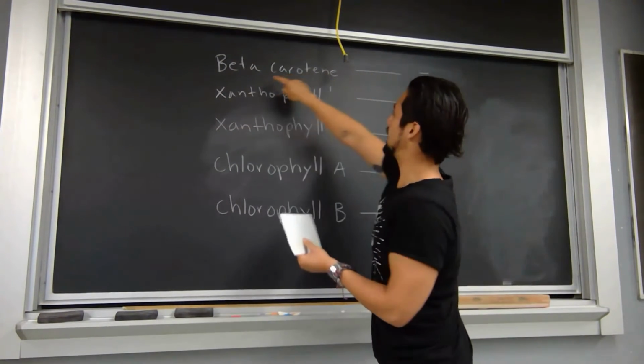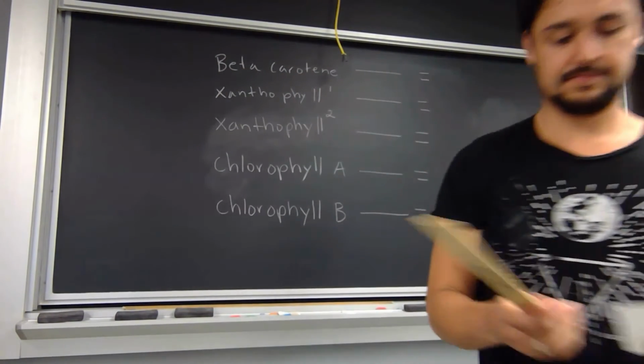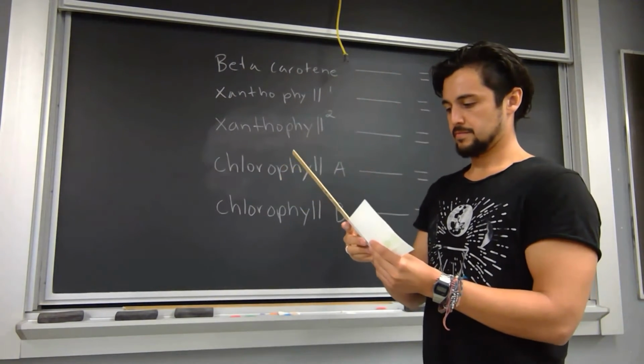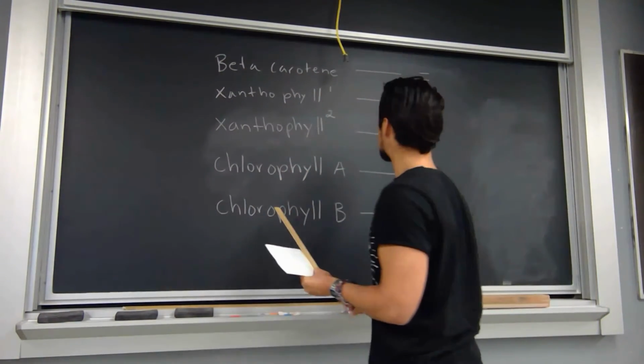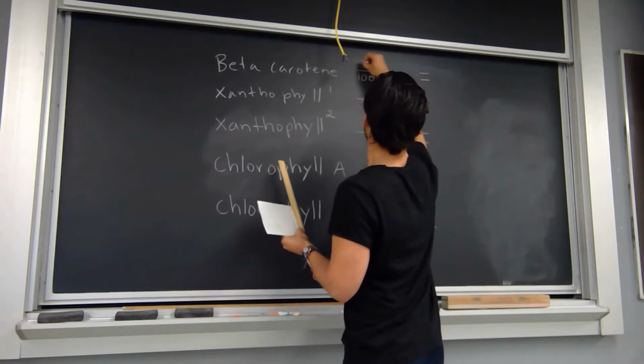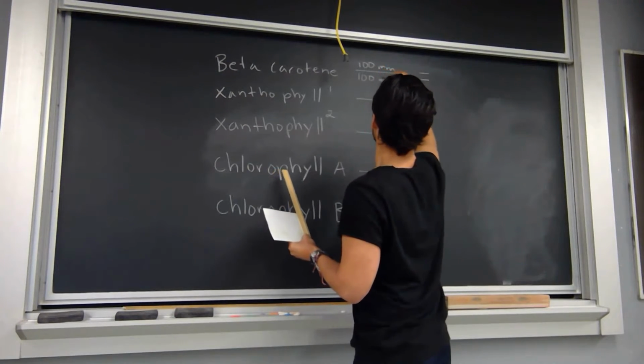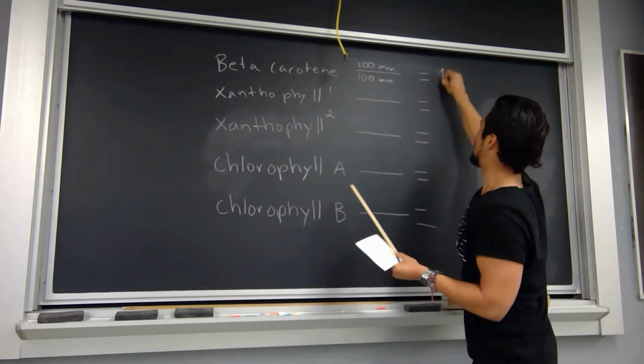So the distance that beta carotene ran is, say, 100 millimeters. And that's over 100 because it's the solvent line. So that RF value will be 1.